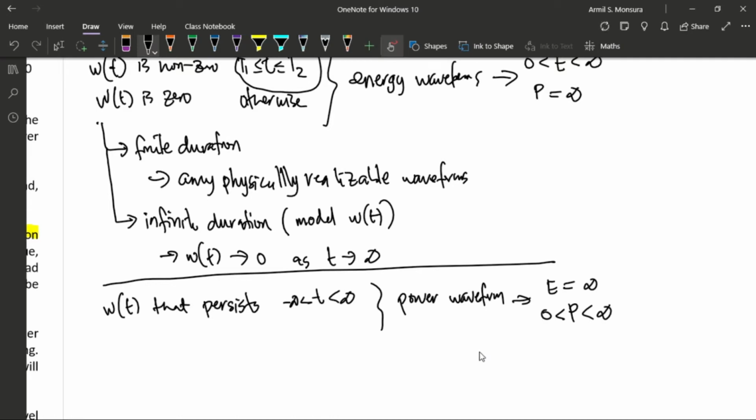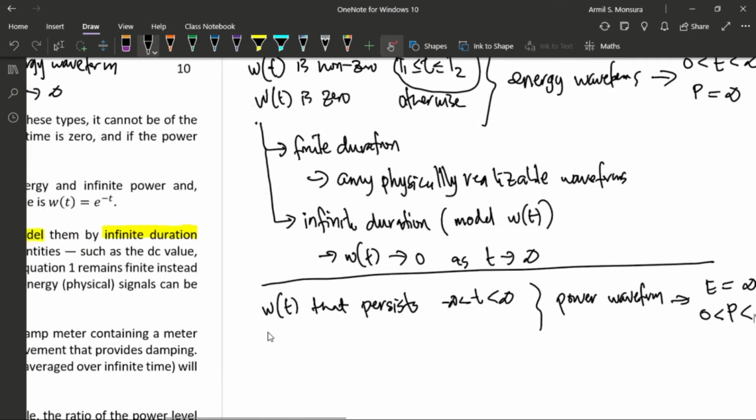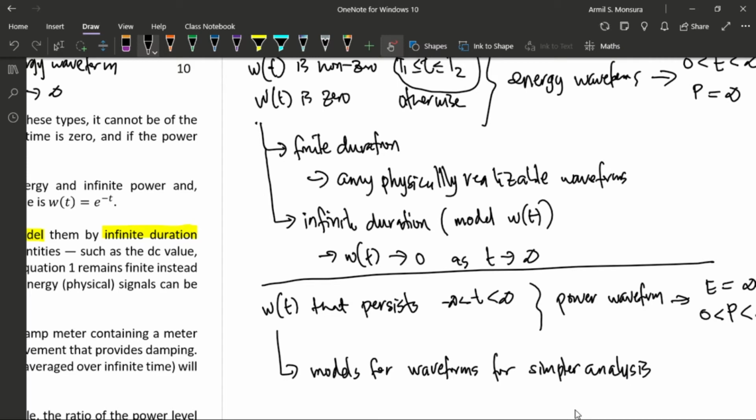So the waveforms that persist over time are used as models for simpler analysis. So we remember that. We usually use waveforms that persist over time as mathematical models, to aid us in simplifying the analysis of the signals and the systems that would ensue.